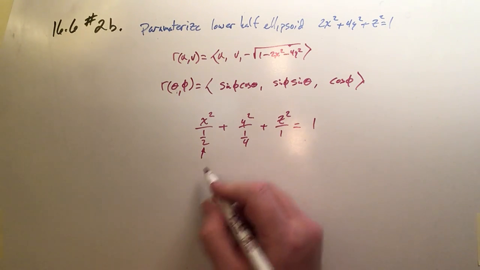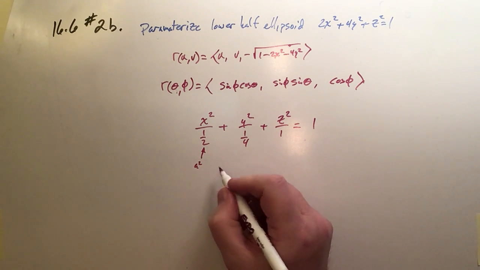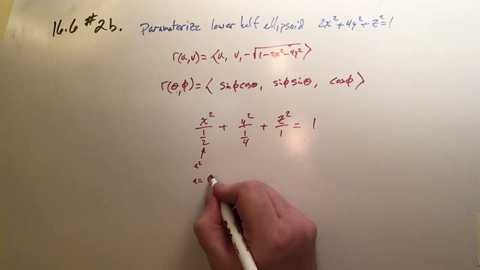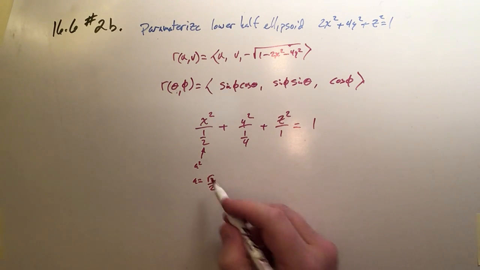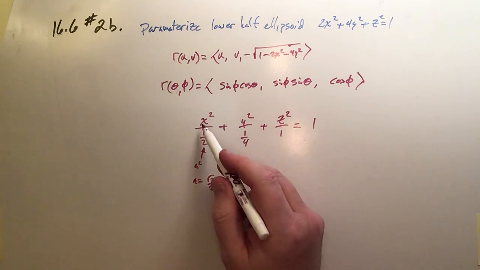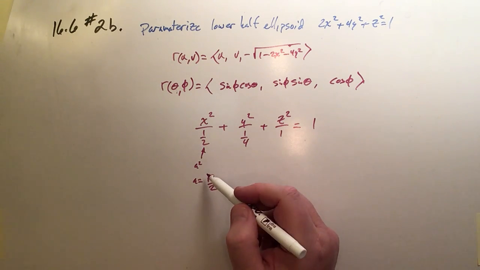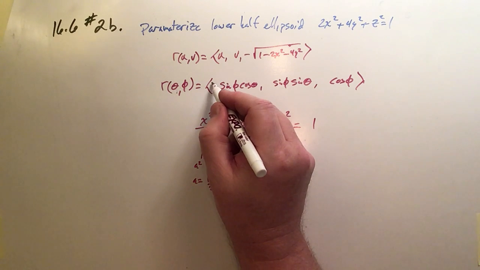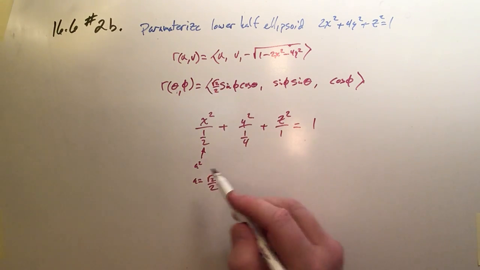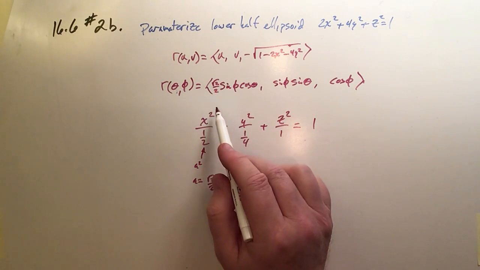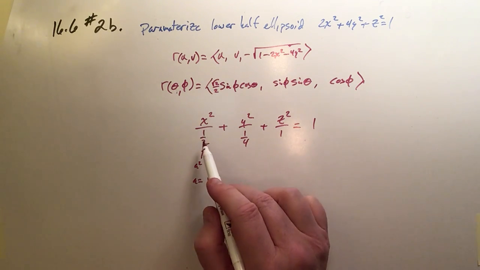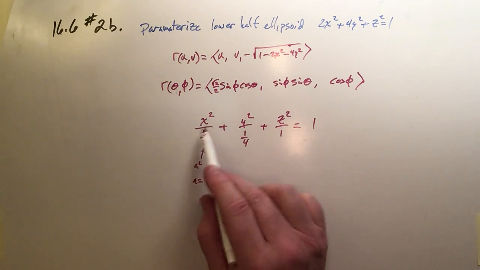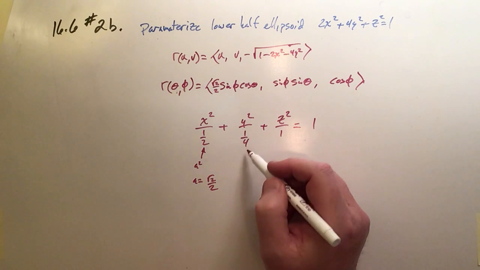Well, it turns out this 1/2 is equal to a squared, so that makes a equal to radical 2 over 2. And that turns out to be the radius associated with the x component of anything associated with this ellipsoid. So that's the coefficient, radical 2 over 2. That's in essence what its rho value is, because that will be the maximum value that x takes on in this ellipsoid.